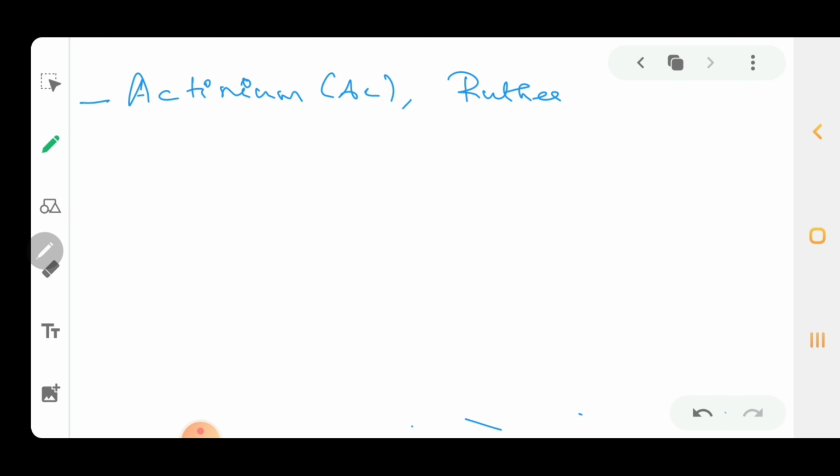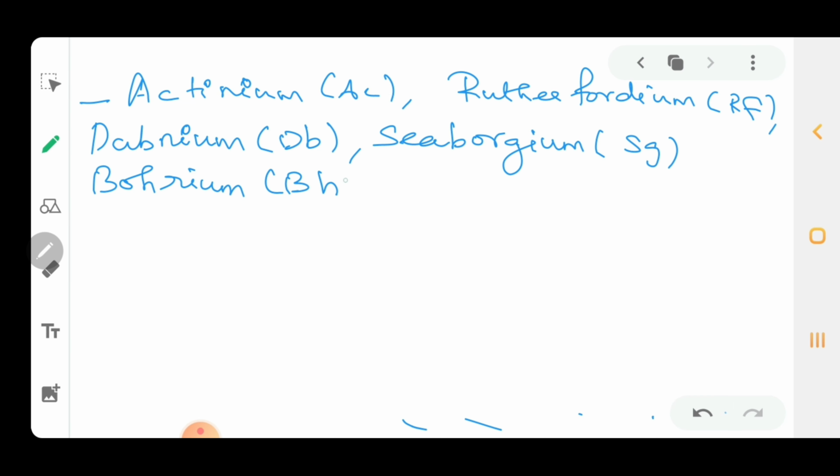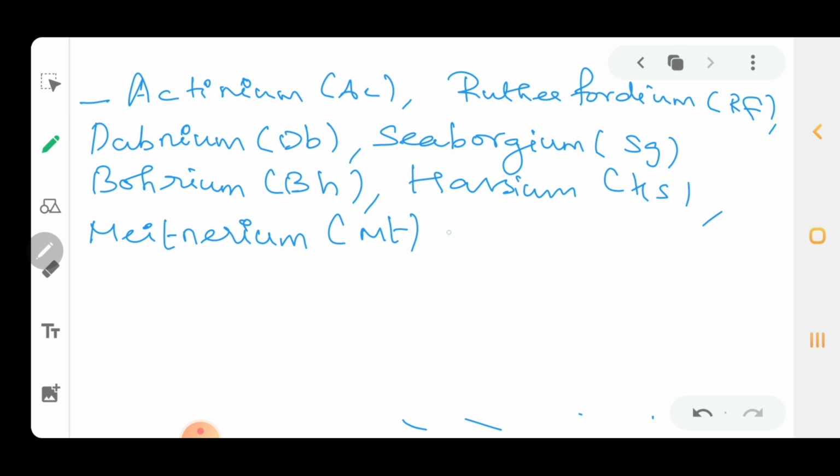Then you see it is rutherfordium, Rf, dubnium, Db, seaborgium, Sg, bohrium, Bh, hassium, Hs, meitnerium, Mt. The last one is darmstadtium, Ds.